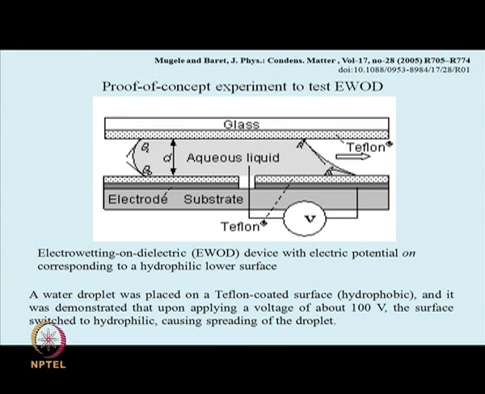Now, when this electrode is switched on, you can see that the contact angle has reduced considerably, and the tendency of the liquid will be to move from left to right. So, a water droplet which was placed on the Teflon coated surface, you can see that by applying a voltage of about 100 volts, the droplet is made to move from the neutral electrode to the electrode which has been switched on.